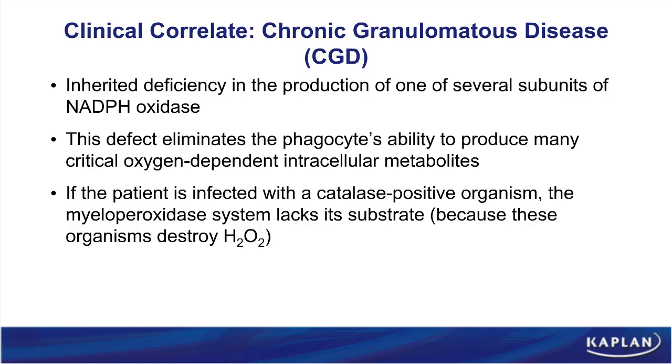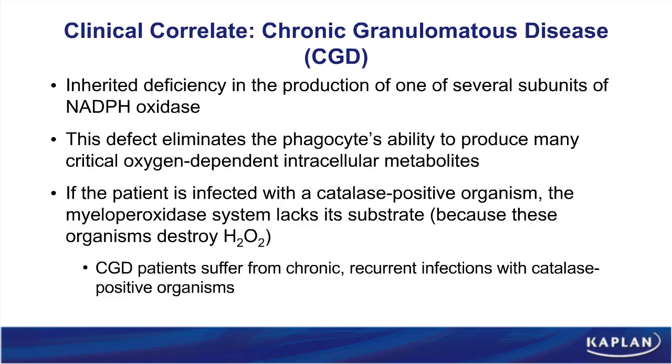What we see in chronic granulomatous disease are patients that have recurrent infections with catalase positive bacteria and fungi. So that's going to be one of the big clues, and I think why this is probably a pretty high yield question is that you have to understand some immunology. You have to know your microbiology because they're not just going to say that you have this patient that's infected with catalase positive pathogens.